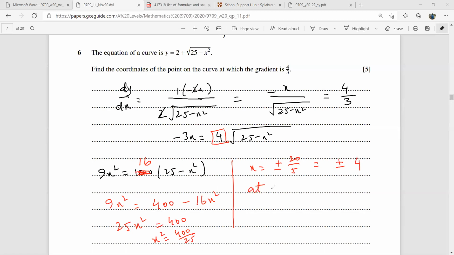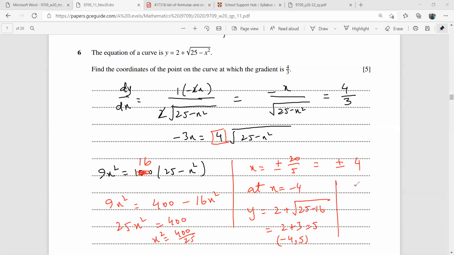So at x = −4, your y is going to be 2 plus, this is 25 − 16, that is 9, and there is already the square root, so we'll not write plus minus. This is 2 + 3, that is going to be 5. So one of the stationary points is (−4, 5).